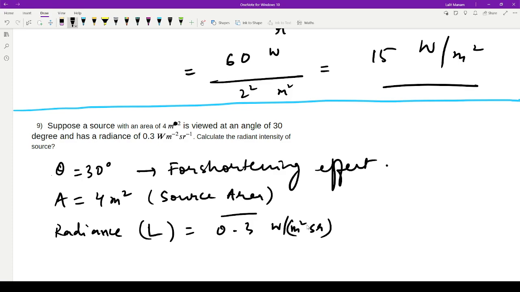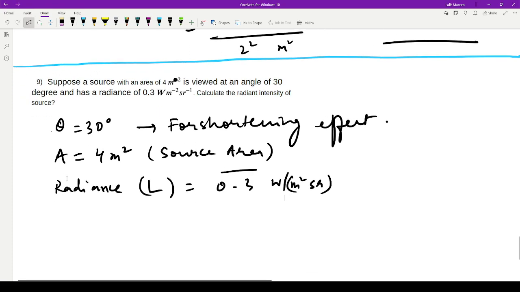Intensity is... so what is the formula for radiance?